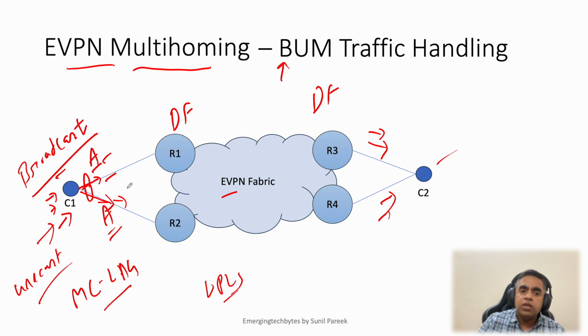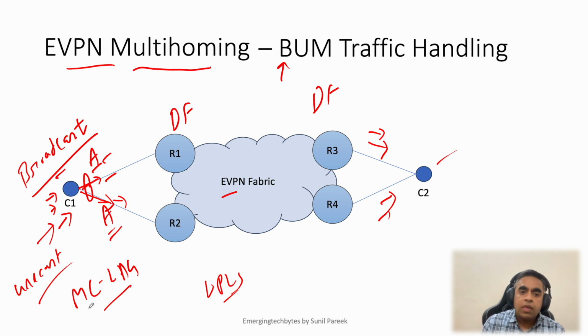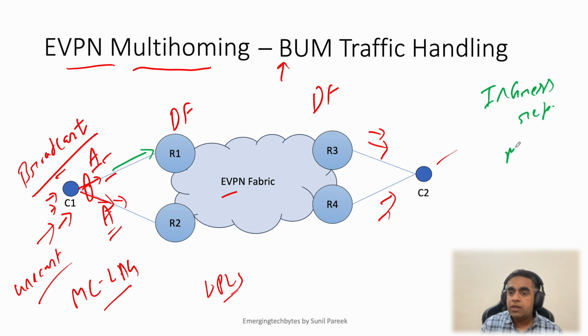Let's say it picked this link 1 and the traffic comes to R1. What will R1 do? Because this is broadcast, and in EVPN fabric, as we have talked about in that course, there can be either ingress replication or multicast.